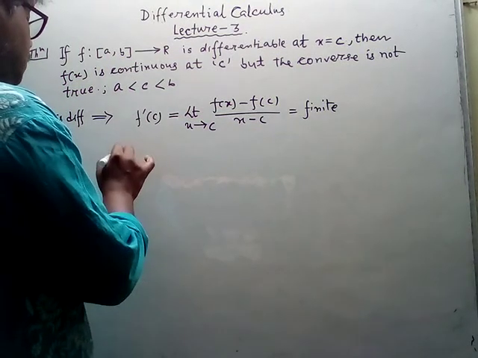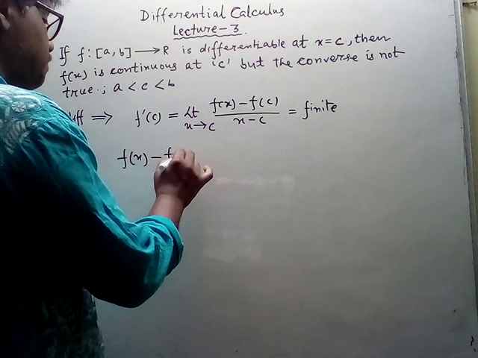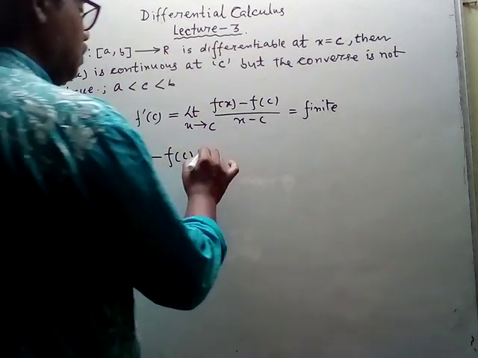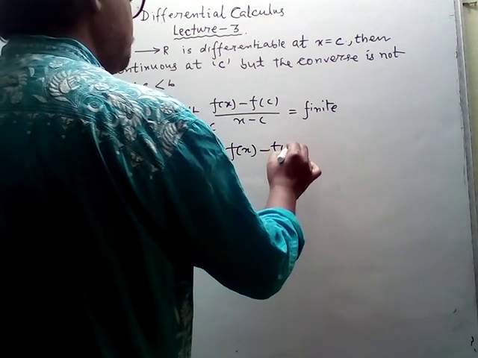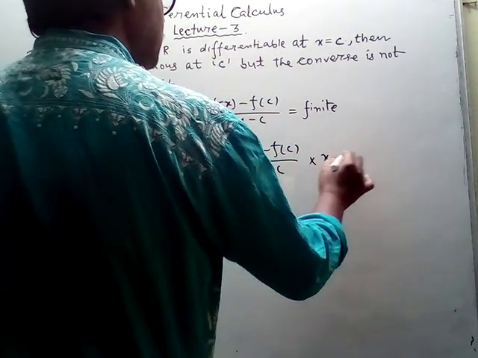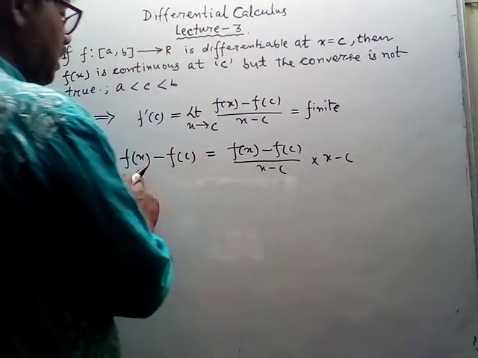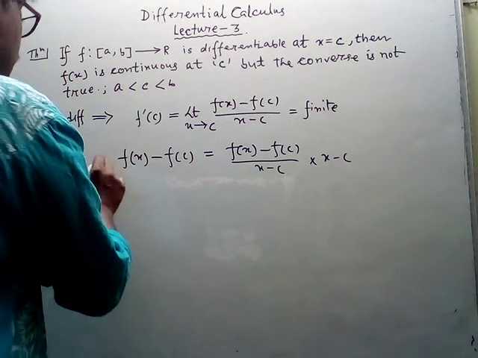To prove this, we can write f(x) minus f(c) equals (f(x) minus f(c)) divided by (x minus c), into (x minus c). The (x minus c) will cancel and it will be equal to f(x) minus f(c).